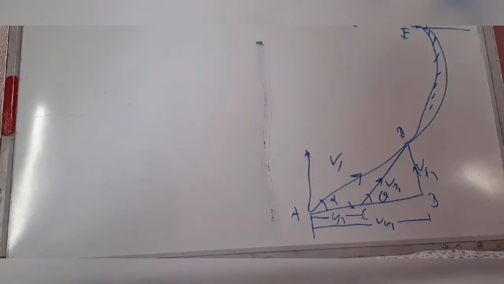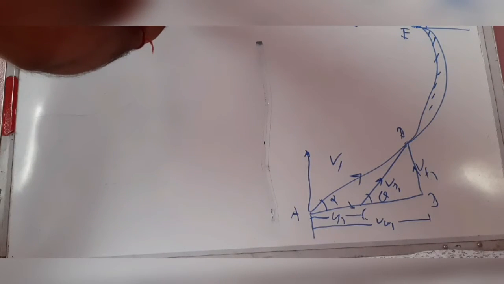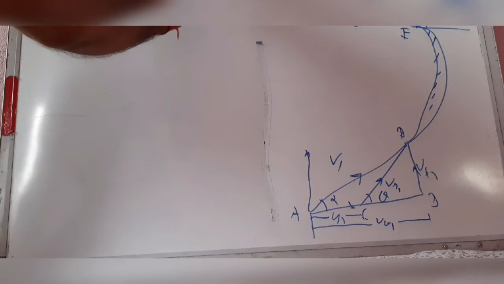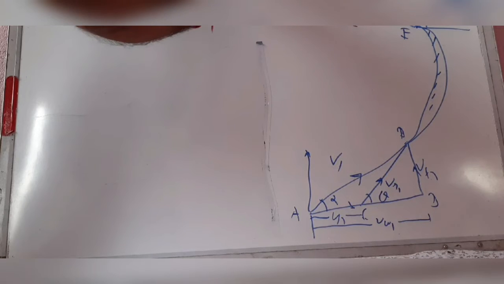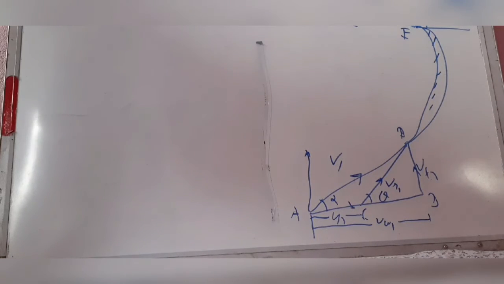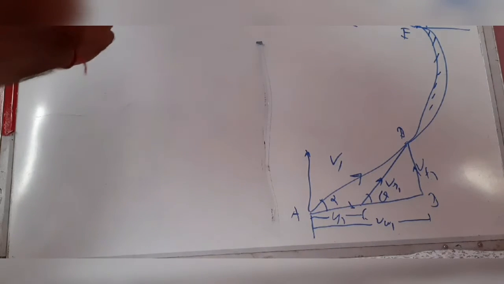Now this V1 cos alpha, the value of V1 is 40 and cos 30, that angle is given, alpha is 30.